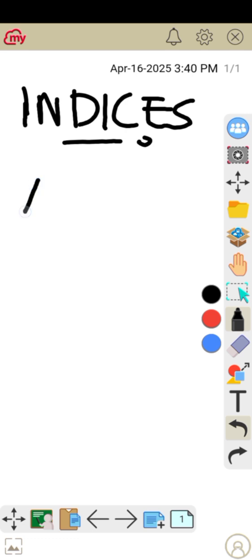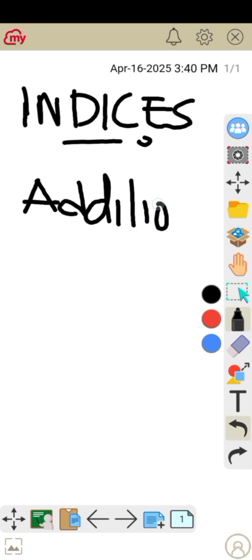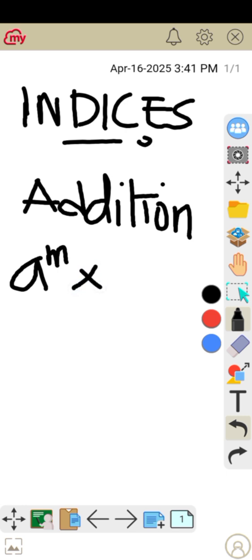The first law of indices is known as our addition law. In this addition law, we have the base, the power, multiply by another base and another power. The first thing you need to note here is the bases are what?